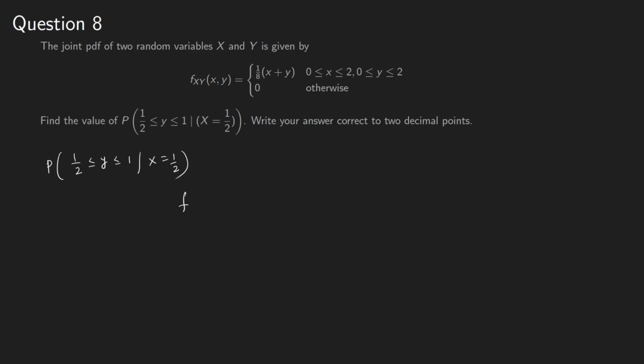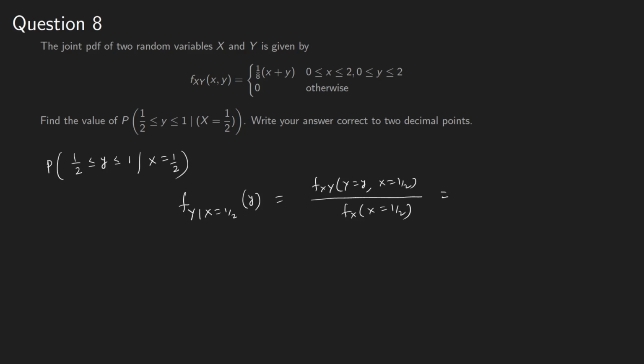So we need to know this PDF, conditional PDF of y given x has taken some value half. So this will be equal to the joint of y taking some value small y and x taking value half, divided by the marginal of the event on which it is conditioned. So marginal of x taking value half. So we need to find these two things, then we will be able to find it.